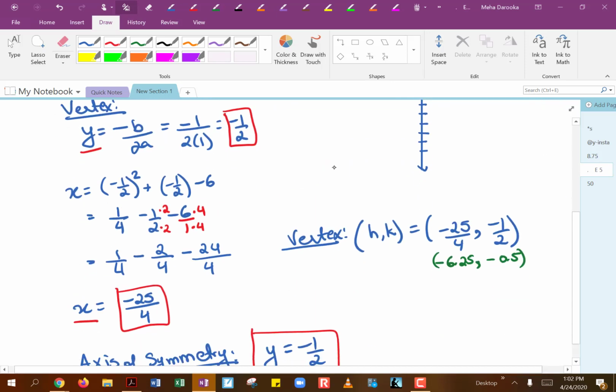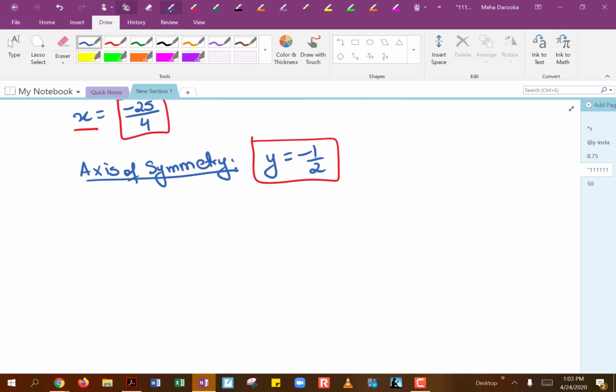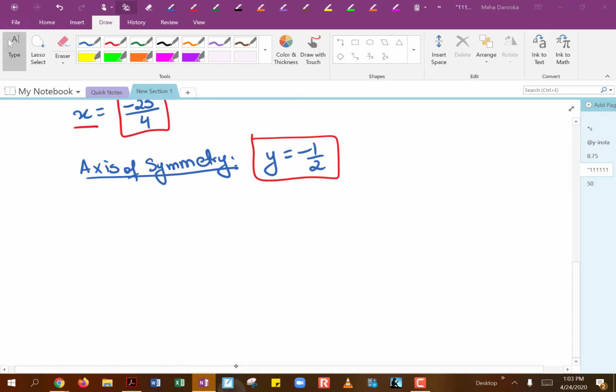Now that we have the equation of our parabola given to us, we can find the x and the y-intercepts. So that's x equals y squared plus y minus 6. Let's find our x-intercept. This is where we would make the y value 0.